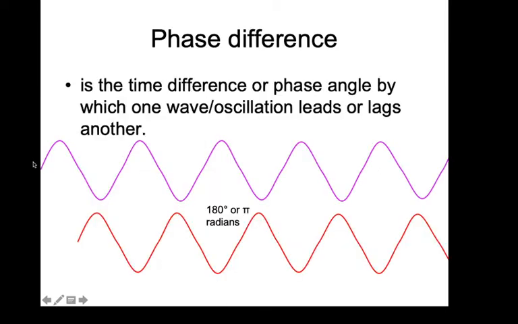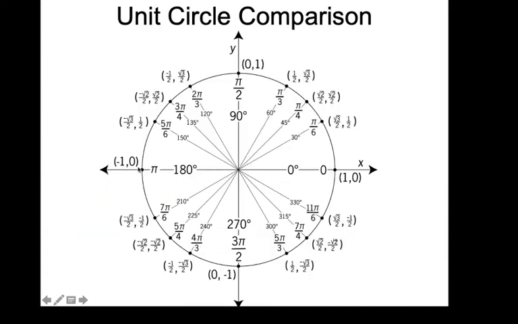So that's essentially what's happening for this first half of our wavelength, or half a period, for this top simple harmonic motion. And once it reaches this point, we have a second object that's going to start the same motion, but it's going to be 180 degrees or pi radians behind.